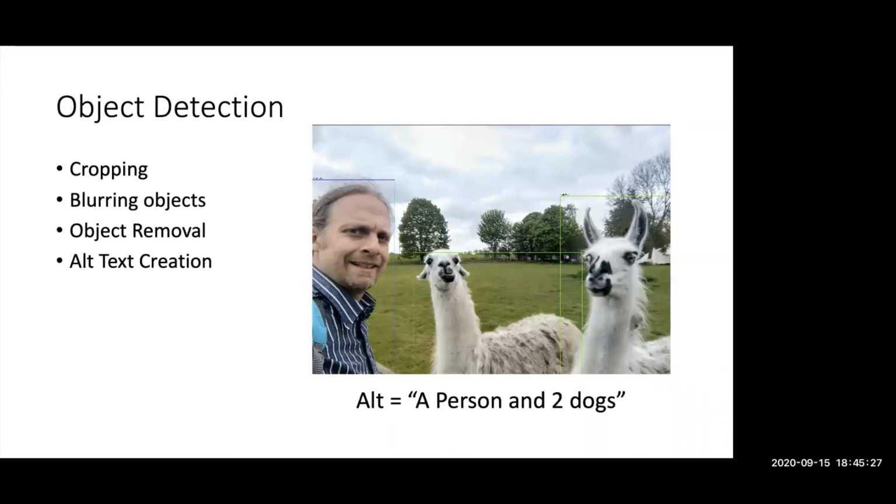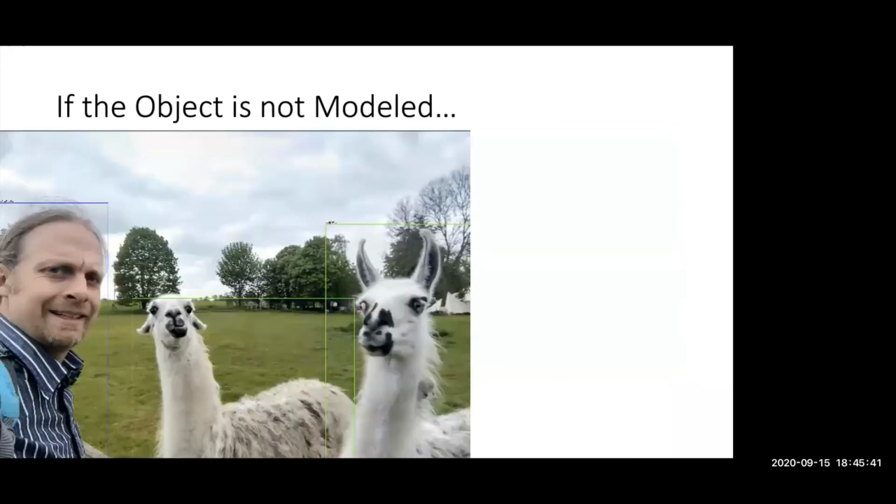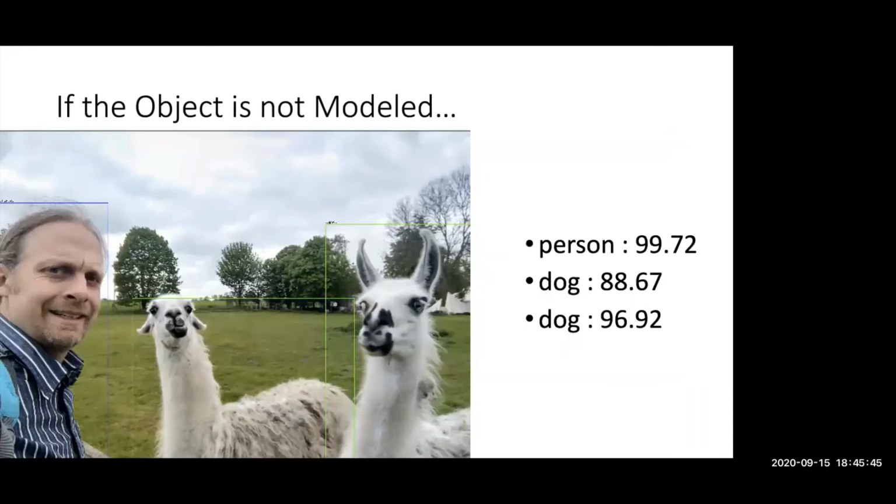And in this case, this library had not been trained to know what a llama was. And so, just like any toddler might do, it said, doggy. They're not doggies. So if the object isn't modeled, it doesn't do a very good job, but it's really, really sure that those are doggies. 88 and 97% sure that those are doggies.